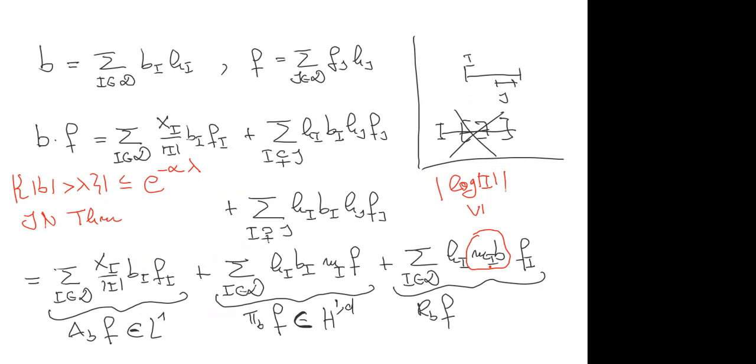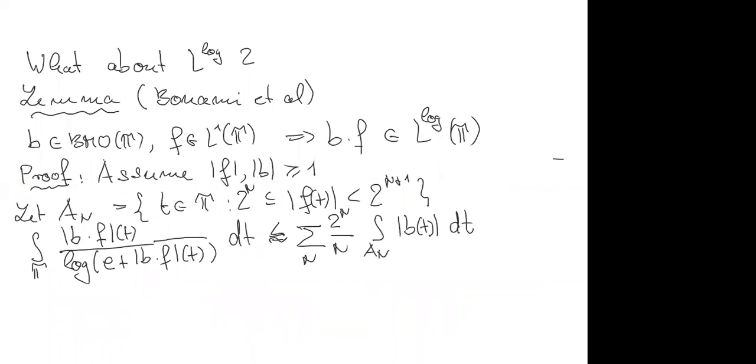So let's go back here. So this here, again by the John-Nirenberg theorem, is less or equal than the log of the size of An times the size of An times the BMO norm.